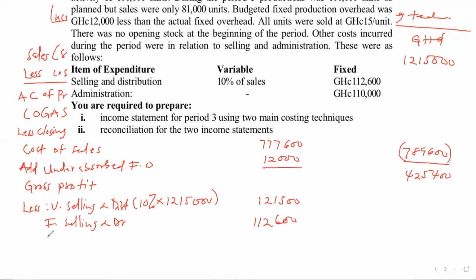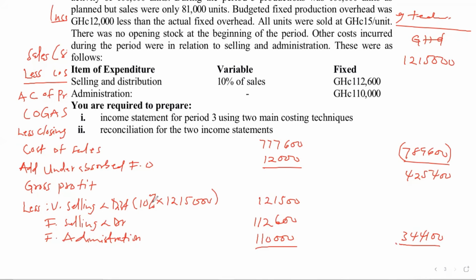Then we have our fixed administration, which is also 110. Then when we add these three figures, we have 344,100.